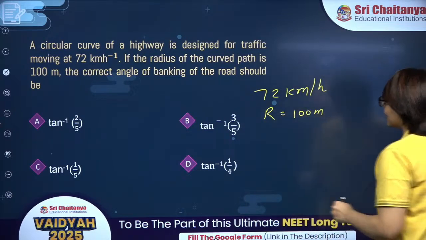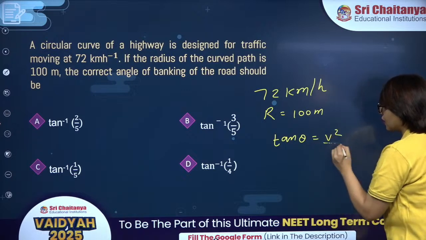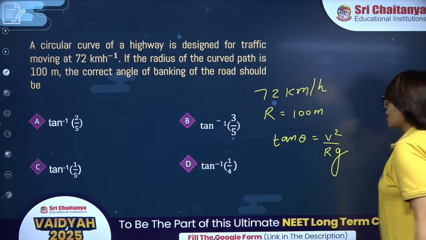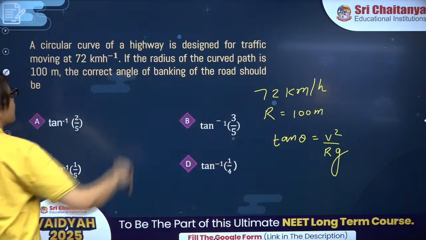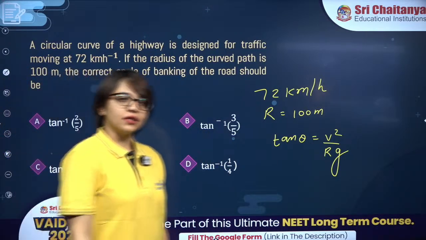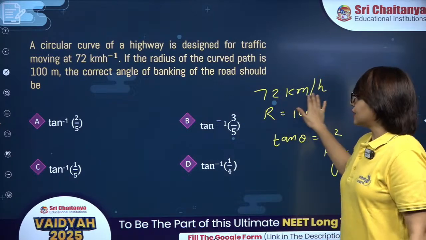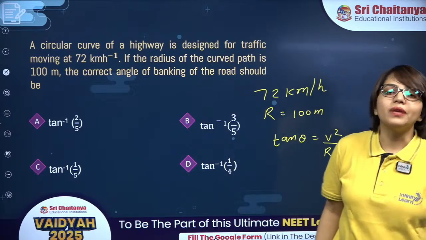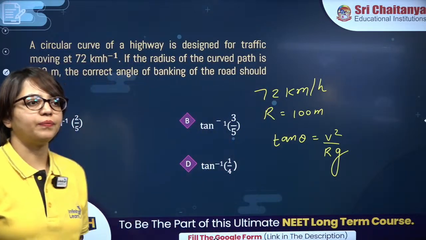So if the angle of banking is theta, then tan theta is equal to V square upon Rg. Apply this concept, remember this formula directly for the banking of the road. This is from circular motion. Try this one everyone. Convert 72 km/h into meter per second first and then use this value in the formula.